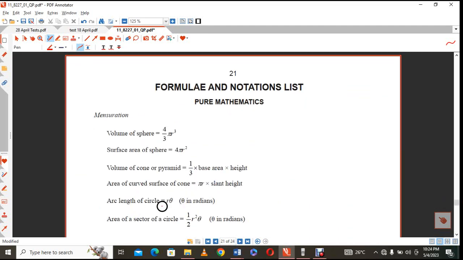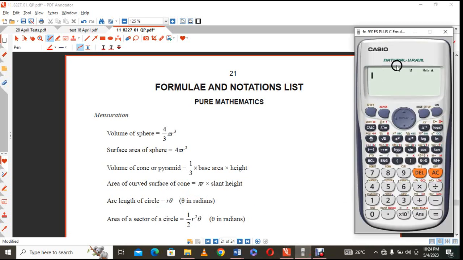The arc length of a circle is the radius times theta, and theta must be in radians. When you work on your calculator, it will be wise to make sure it is in radian mode, as you can see on what I have over there.